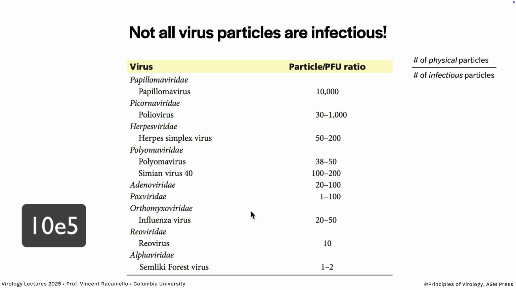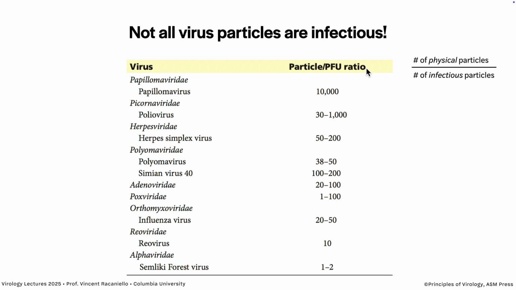All right, now, a little bit of a complication in virology is that not all virus particles are infectious. And that varies according to the virus. And we use this parameter to measure this, the particle to PFU ratio.